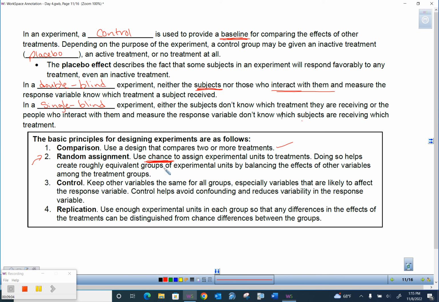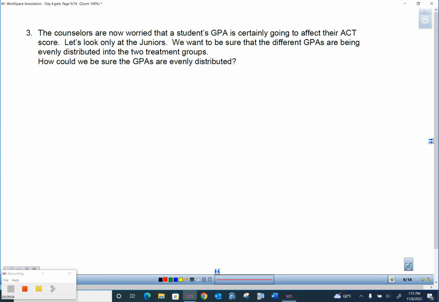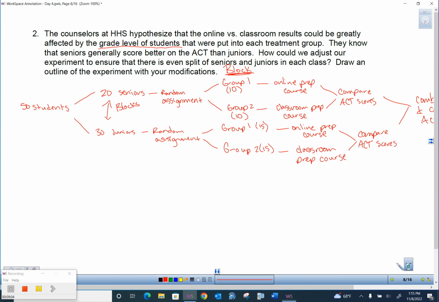This does a couple things for us. It helps us get roughly equivalent groups. And because of those roughly equivalent groups, it is going to balance the effect of other variables. Even without blocking for other variables, random assignment is going to help us take out some of the bias. Let's talk about the juniors and the seniors real quick.